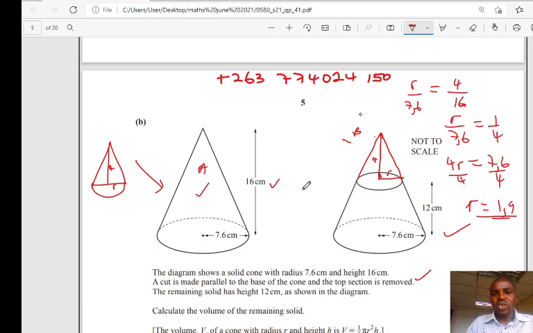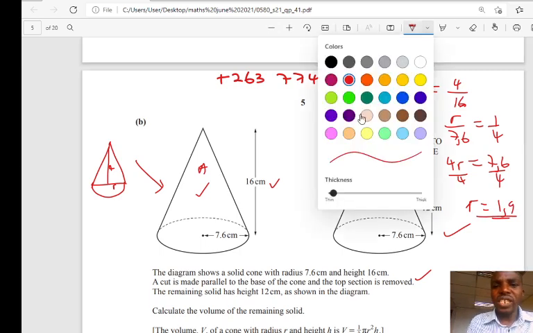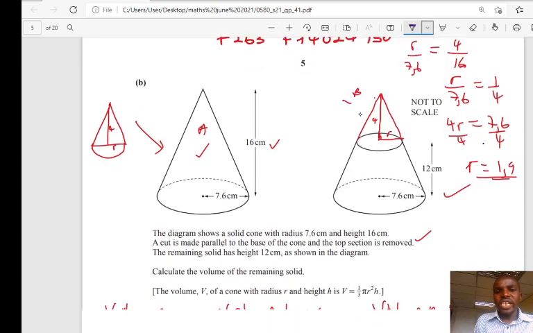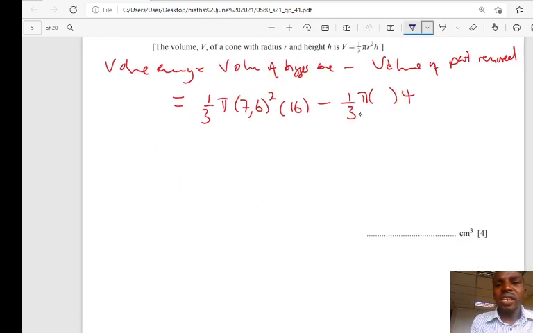Now we have to substitute down here on our radius. So just use similarity because the shapes are similar. So I can put here 1.9 squared. Then I just have to simplify here. Just find your calculator.